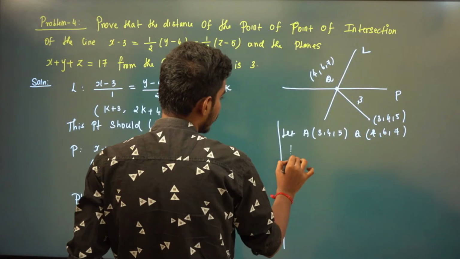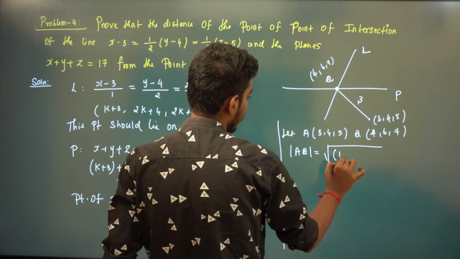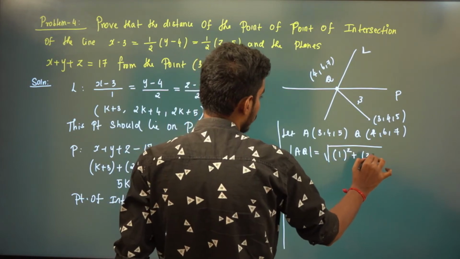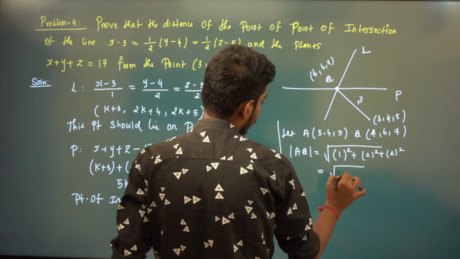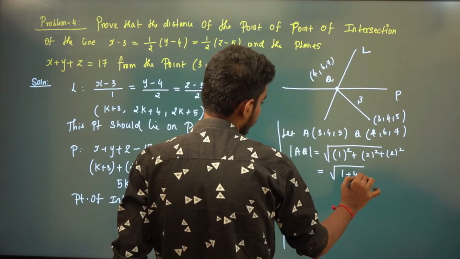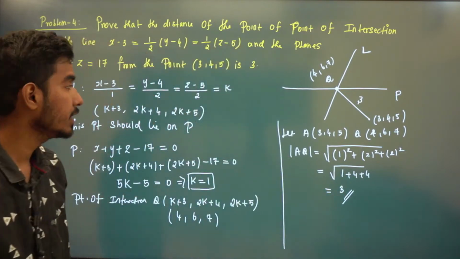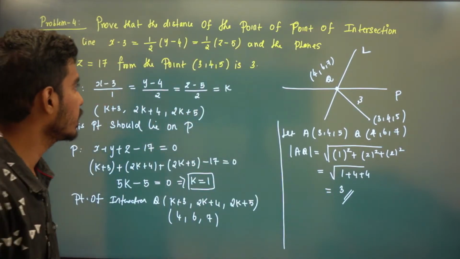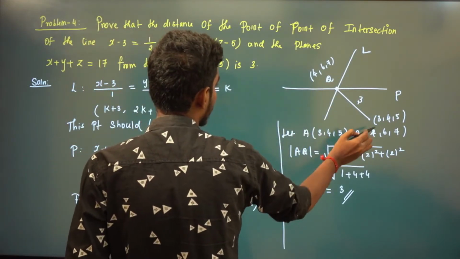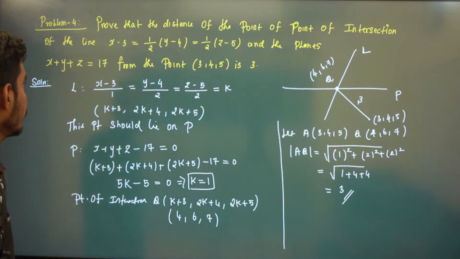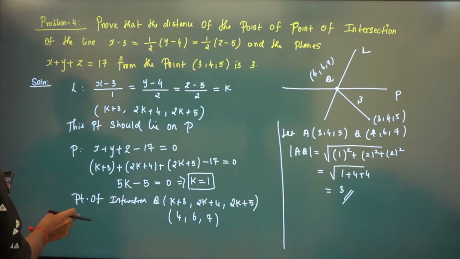So find the distance between them: square root of (x2 minus x1) whole square plus (y2 minus y1) whole square plus (z2 minus z1) whole square, which will be root of 1 plus 4 plus 4, so root 9, which is 3. This is what we need to show. Very simple problem. So now we'll move on to the fifth problem.